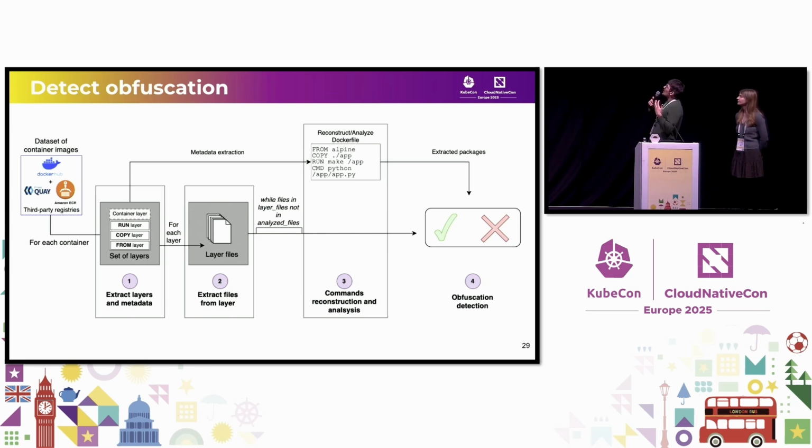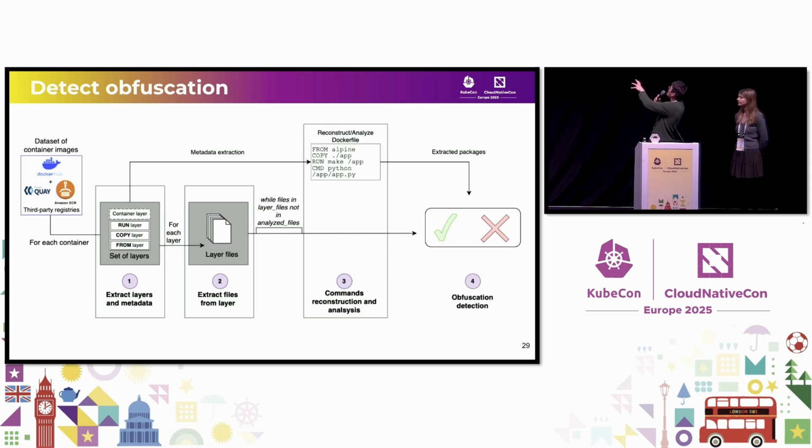With the container image layers, we basically generate a sort of Git repository by looking at all the modifications and changes on each individual file. And then for the Docker file, we instead look at instances where software is downloaded from the internet.